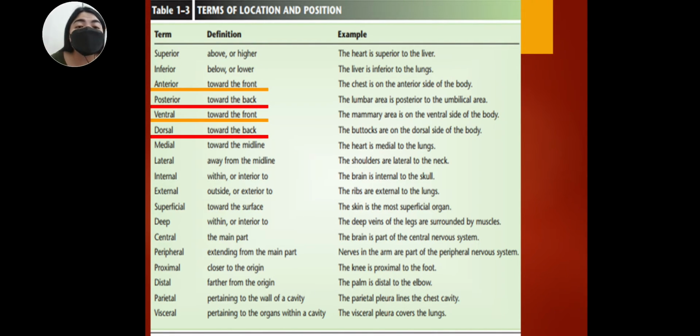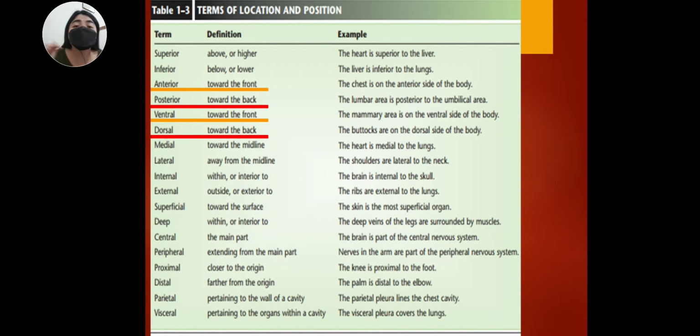Okay? Next, we have central. For the central, it is the main part. The example would be the brain is part of the central nervous system. Yes, the main part of the nervous system is of course the brain. Then peripheral, extending from the main part.